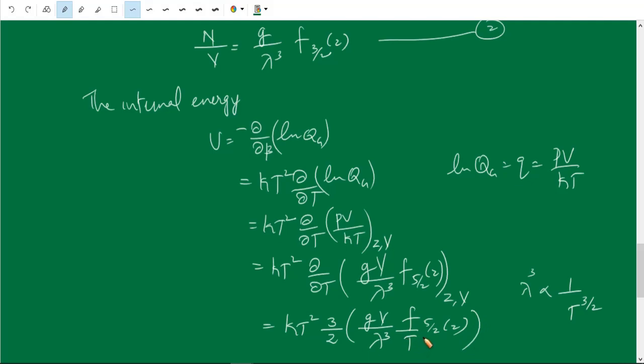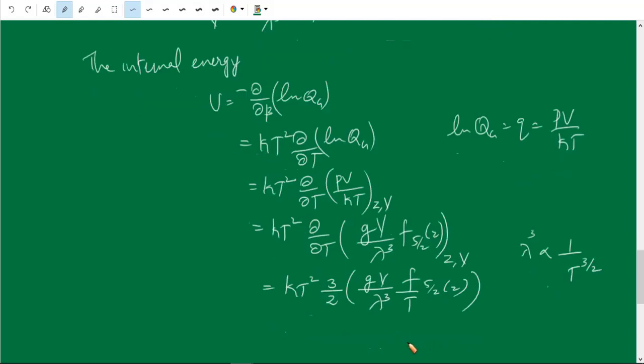So T raised to 3 by 2 minus 1, that is T raised to half. Instead of that, I have taken T raised to 3 by 2 divided by T, so that T is kept. So this becomes 3 divided by 2 kT into g V divided by lambda cube f 5 by 2 of z.